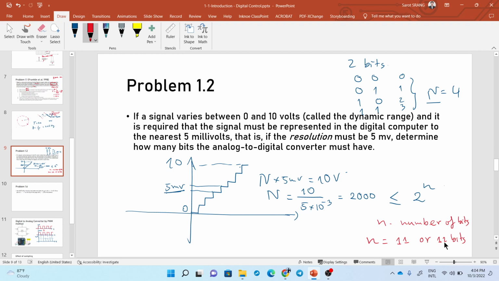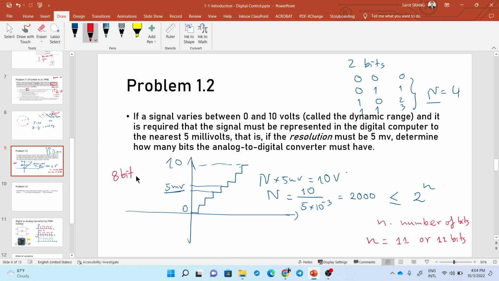Okay, so I add another question. Let's say I only have 8 bits, operating at 8 bits. So what is the resolution if you want to quantify the range from 0 to 10 volts? Now just give only 8 bits.